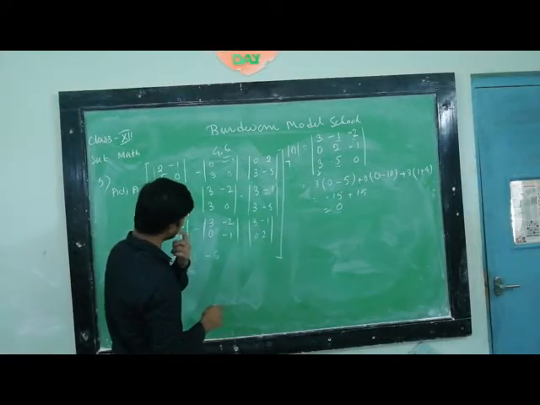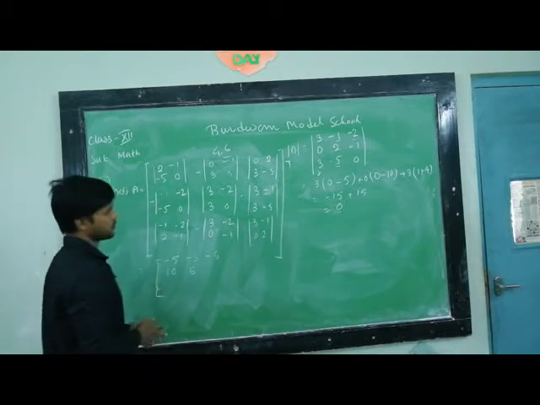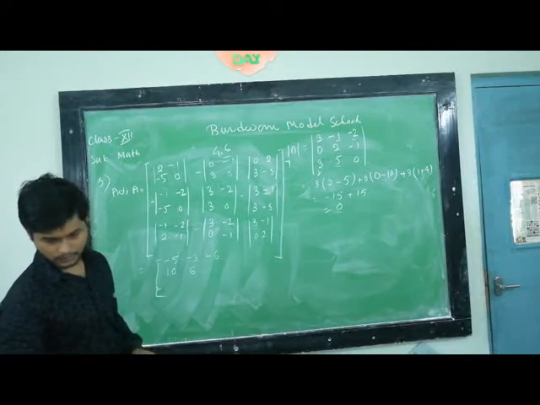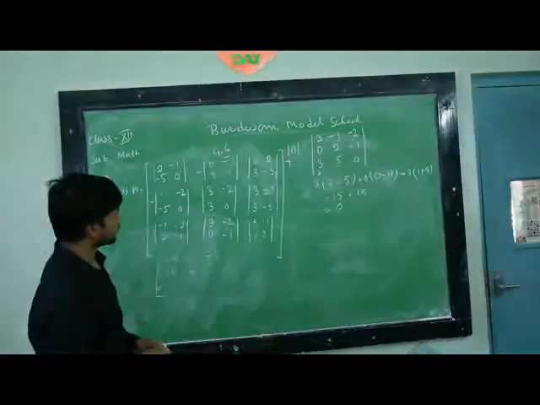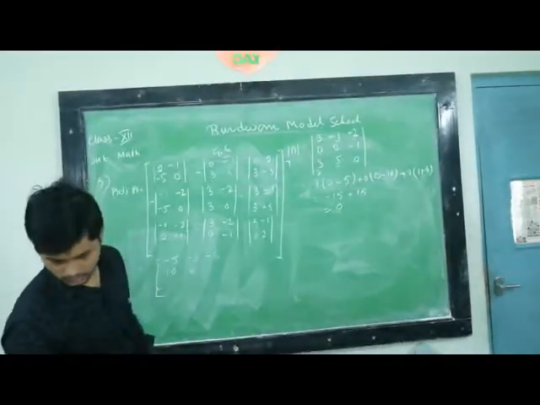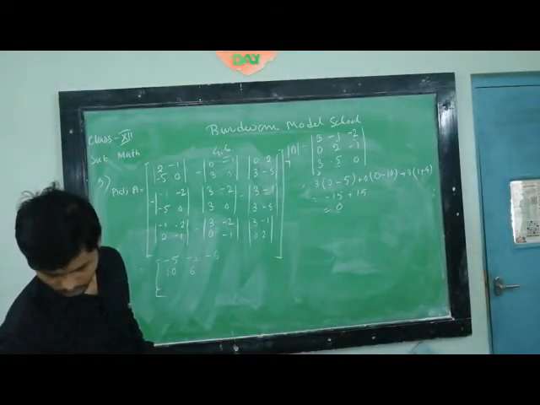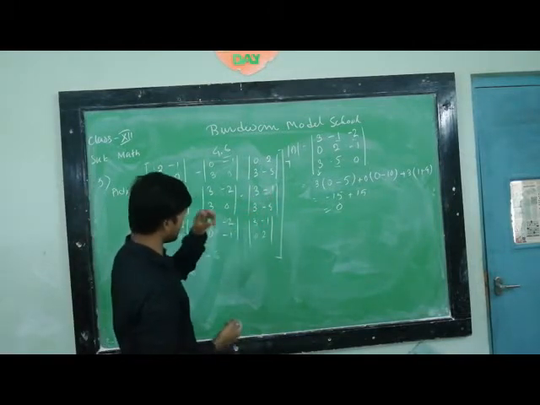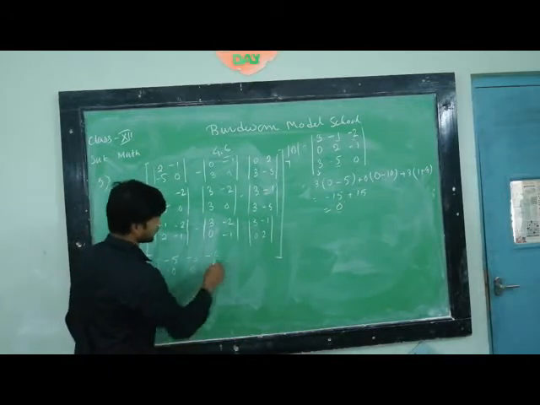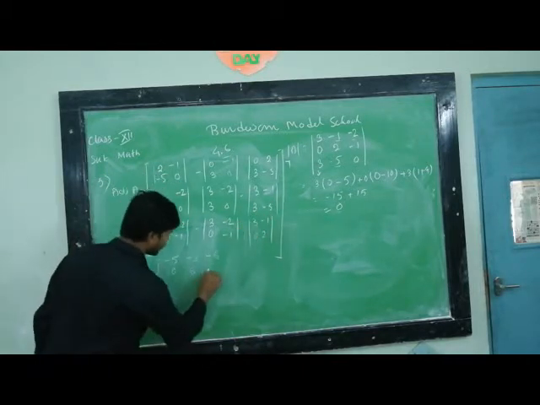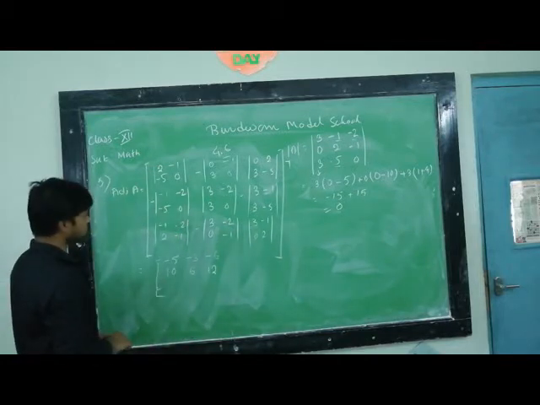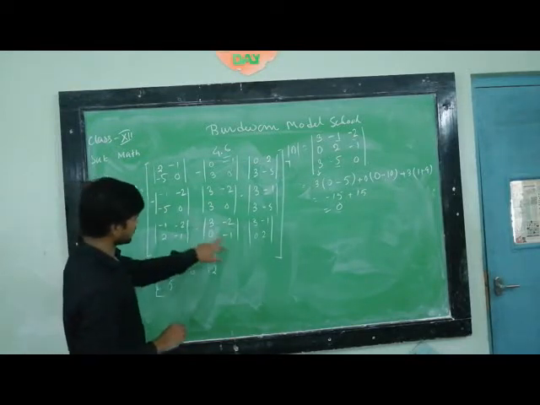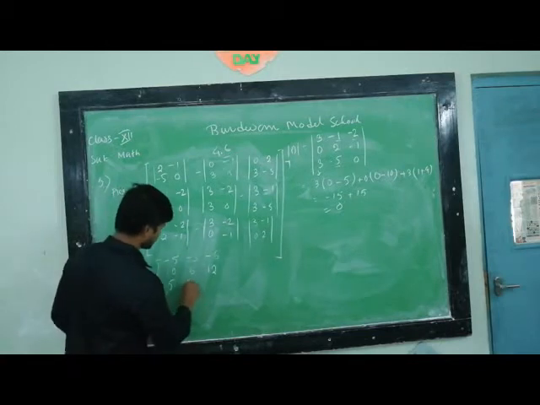This is minus 15 plus 3, which means minus 12, and with the sign, plus 12. This is equal to minus 1 and 4, 5, minus 3 and plus 3.